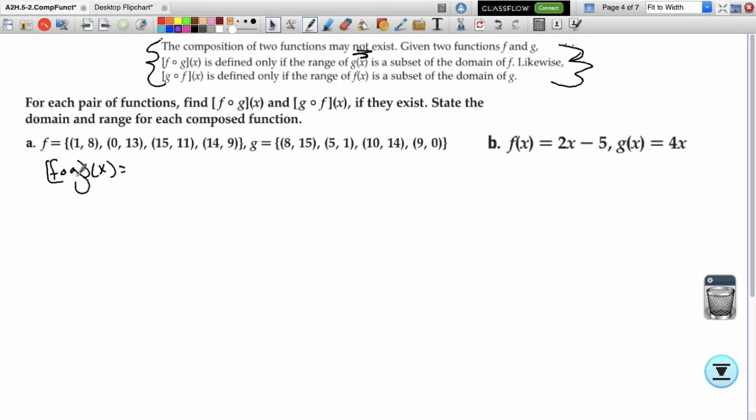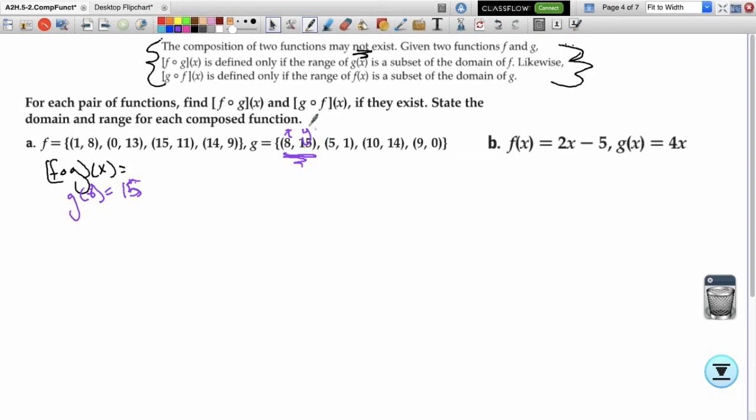So if I'm thinking of my g values, okay, so I'm going to start off by thinking of my first coordinate pair here. So let's come here. My g of 8, so I'm just taking that first x value right here. My g of 8, if I plug that in and do whatever I need to, my output is my y. It's going to be 15. Okay. I'm going to take that 15 now and I'm going to look for it.